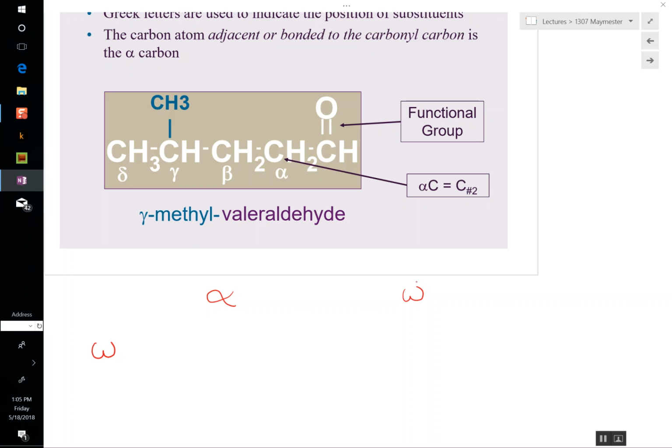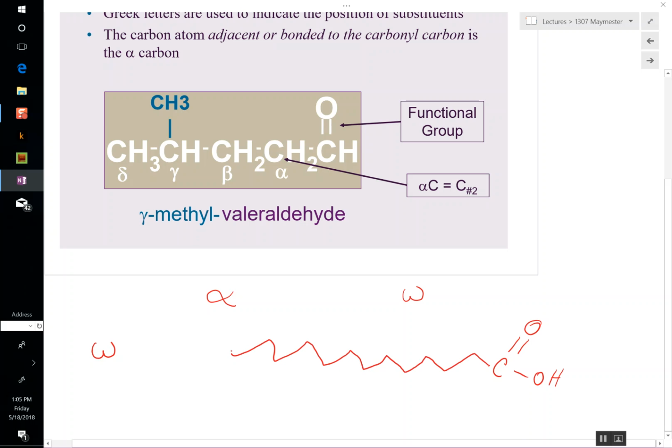And we'll get to omega-3 fatty acids, but they have an acid, and then they go down here, and this would be your omega. This would be your alpha position right here. This is your carbon. It's right next to the carboxylic acid. This is the last carbon.